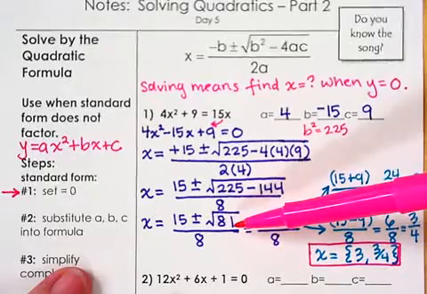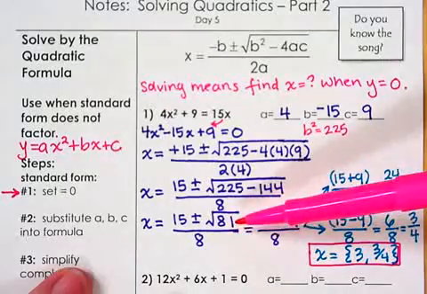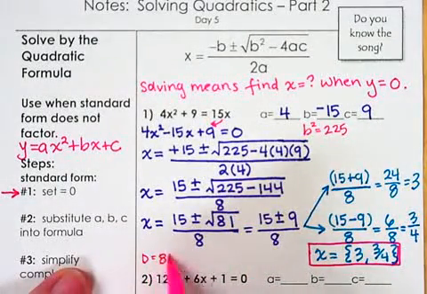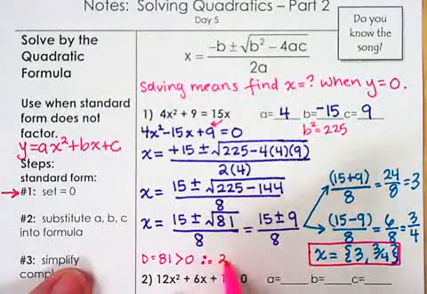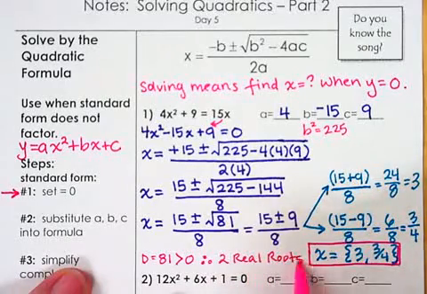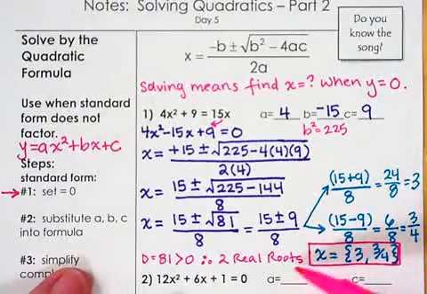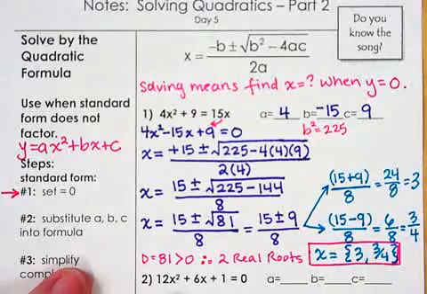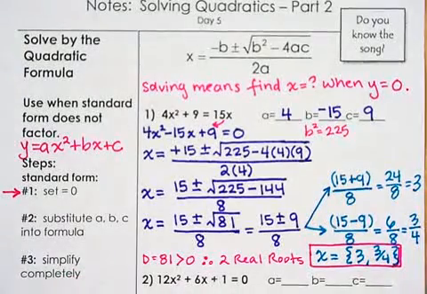And again, from yesterday's lesson, we should recall that because 81 is greater than 0, therefore, there are 2 real roots. So I look here, and this supports the nature of the roots, that 3 and 3/4 are both real roots. Okay, let's go ahead and do the next problem, number 2.